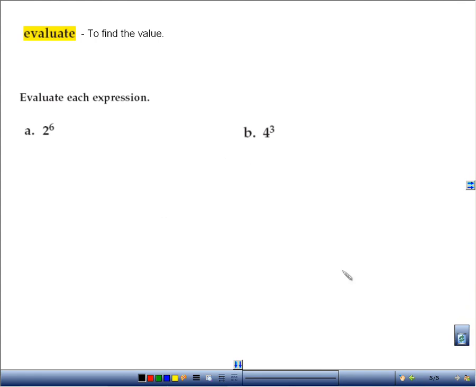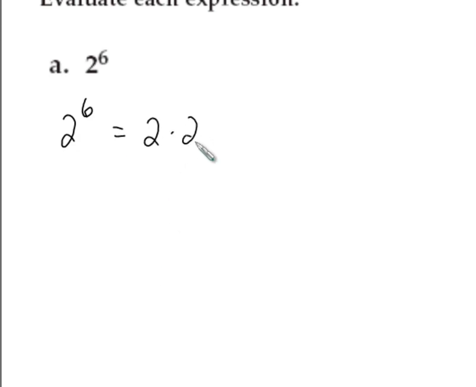Another vocabulary word here is evaluate, which means to find a value. That just means take an expression and calculate what the value actually is. So here we have 2 with a little 6. That's an exponent, and that's read 2 to the 6th power. And if you remember from before, that means 2 times itself 6 times.